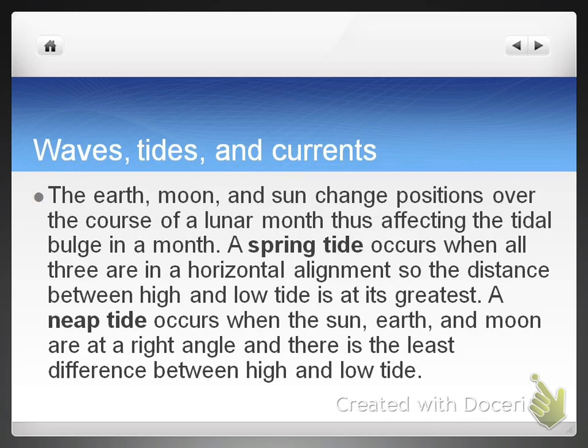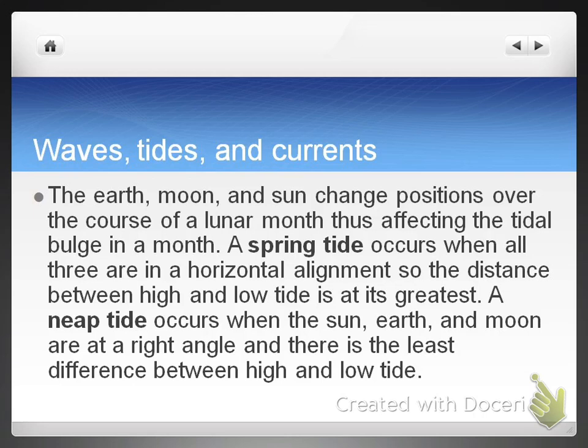So at least once a month you're going to have a spring tide where the high tide is going to go even farther up the beach because of this alignment of the earth, sun, and moon, and the pull of gravity is going to be greater. And if that spring tide occurs during a full moon, you have an even larger spring tide, or a larger distance between high and low tide.